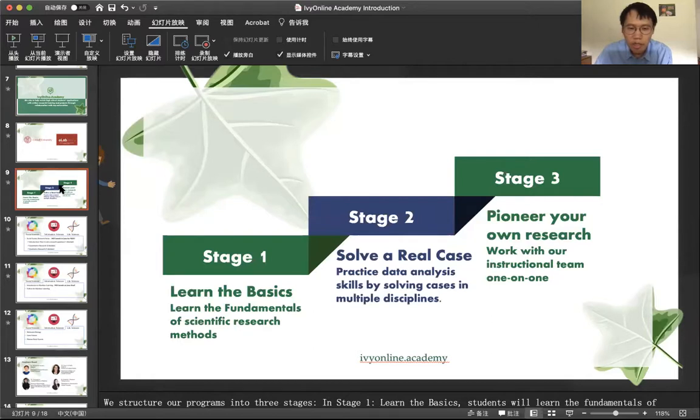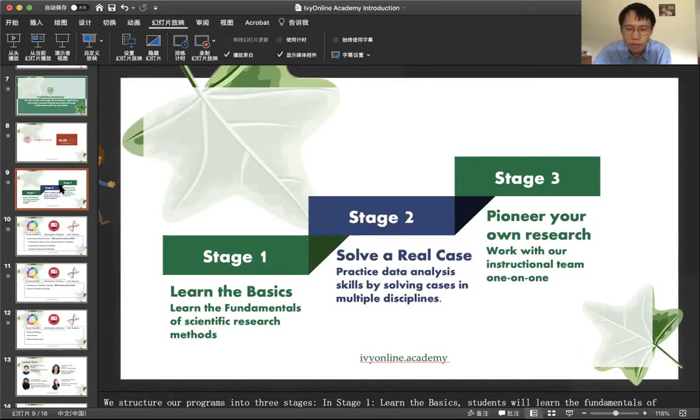Stage 1 is to learn the basics. At this stage, students can learn the fundamentals of scientific research methods. By taking our online courses, students will learn the basic concepts and knowledge. After stage 1, they can move on to stage 2. Our team has prepared many cases so students can use data sets from academic papers and from government organizations to practice their data analysis skills by solving these cases in multiple disciplines.